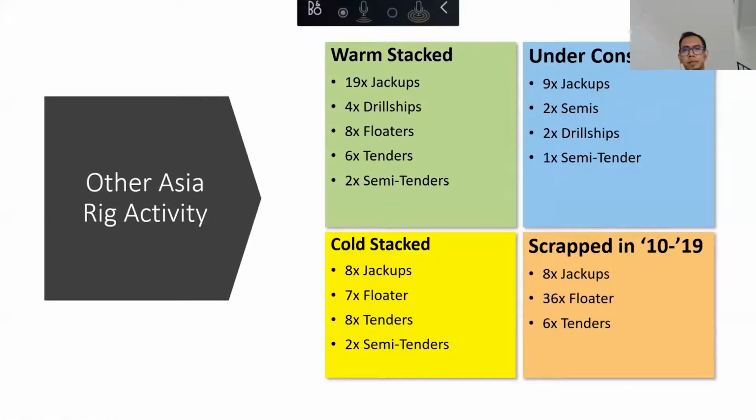And from this, you can see that a lot of rigs are not operating right now. It's a very sad condition for the industry, but we still have some more operations running in Indonesia offshore. This calculation is only for offshore because onshore is very difficult to keep track of.